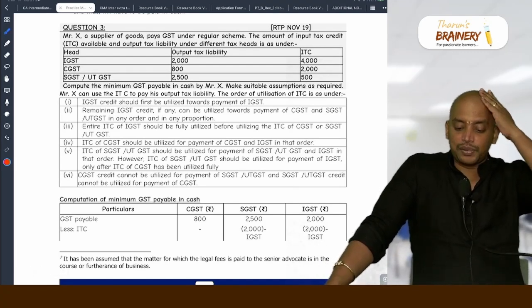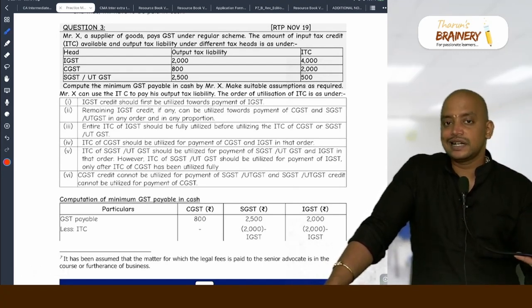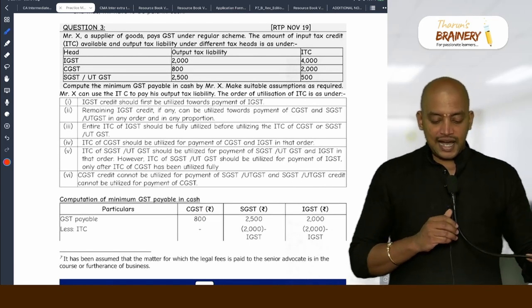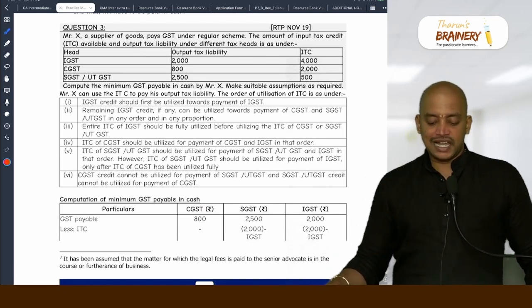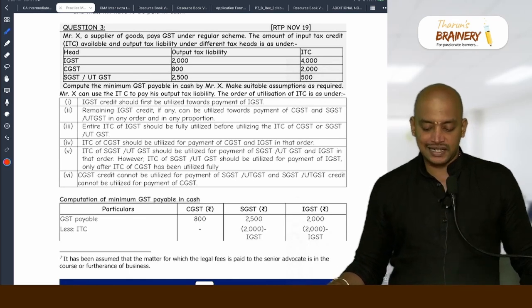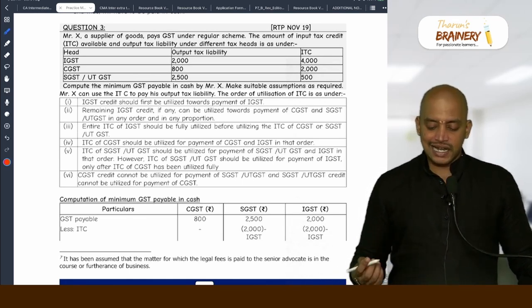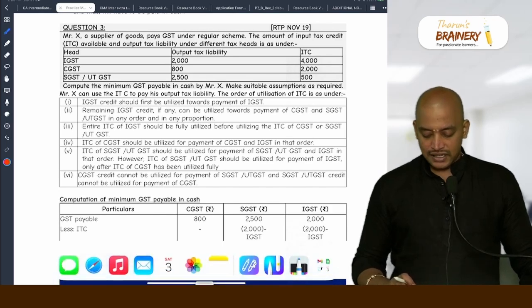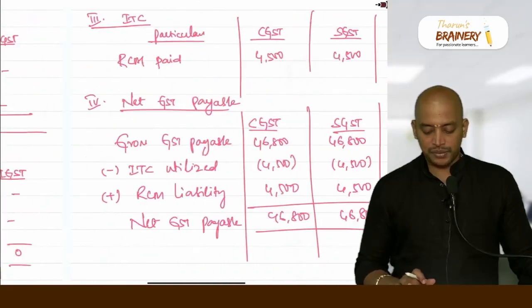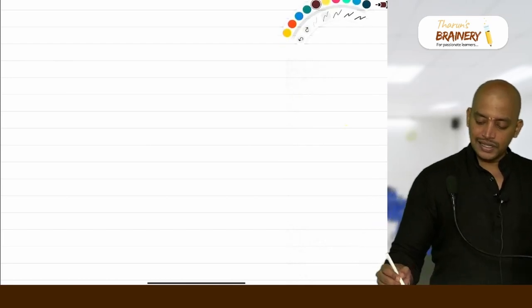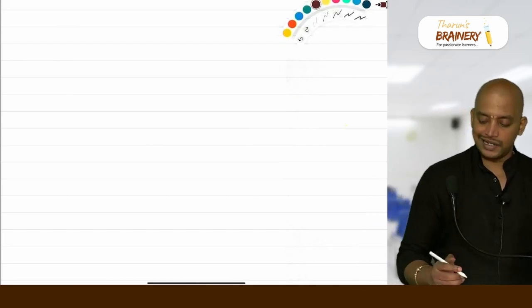Mr. X, a supplier of goods, pays GST under the regular scheme. The amount of input tax credit available and output tax liability under different tax heads is as under. So CGST, SGST, ITC is there. First, what is the gross GST payable under FCM?